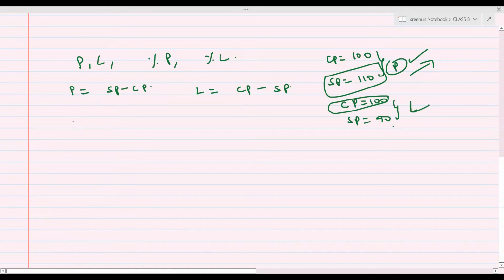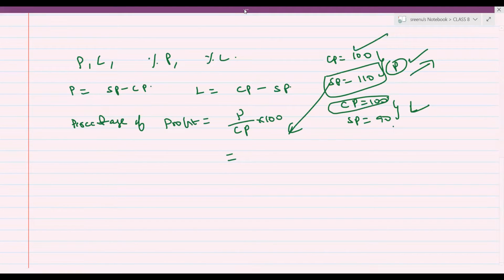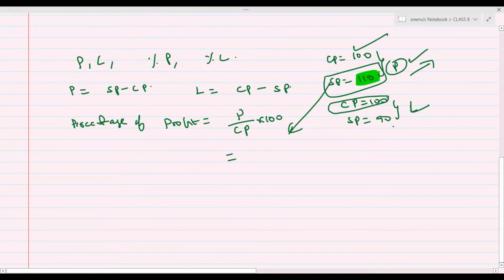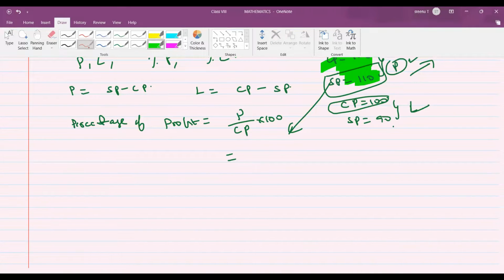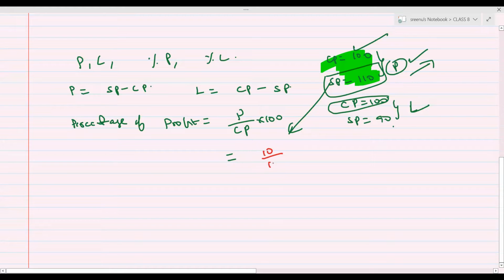And percentage of profit is equal to profit by cost price into 100. In the same case, how will I do the percentage? Profit here is 10 rupees. So profit, 10 rupees, by CP 100, into 100. 100 cancels, and I got 10% profit.